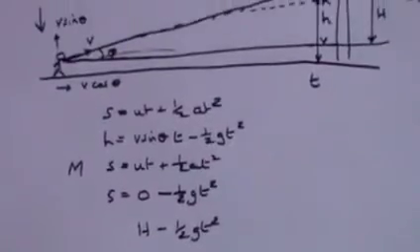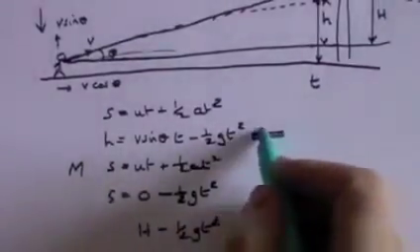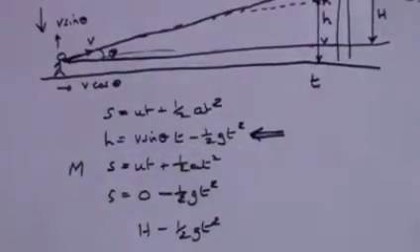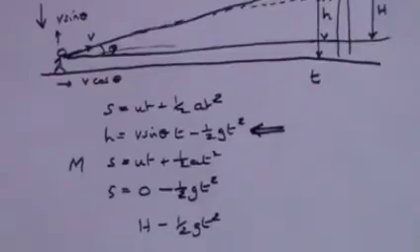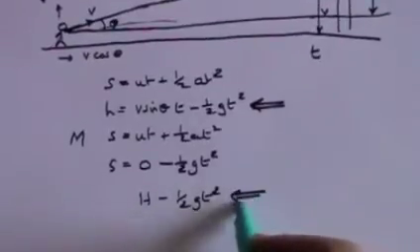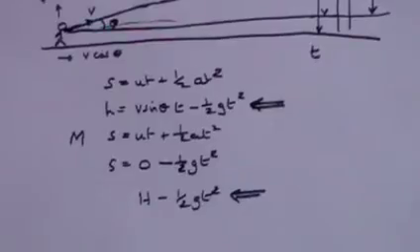So let's remind ourselves where we've got to. The bullet is at a height v sine theta t minus half gt squared, and the monkey is at a height capital H minus a half gt squared.